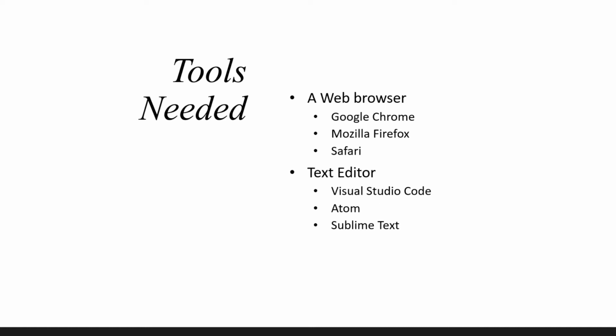We also need a text editor. We have a couple of them, but I will be using Visual Studio Code in this video. You can also try others like Atom, Sublime Text, Notepad++. There are so many, but for this video, I will be using Visual Studio Code.